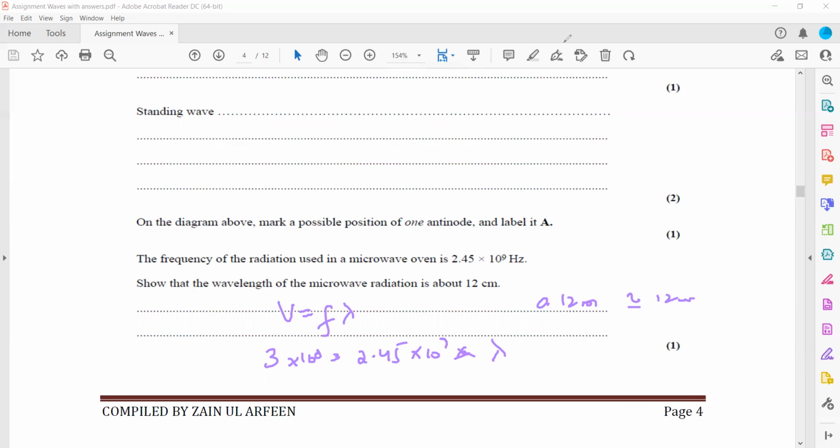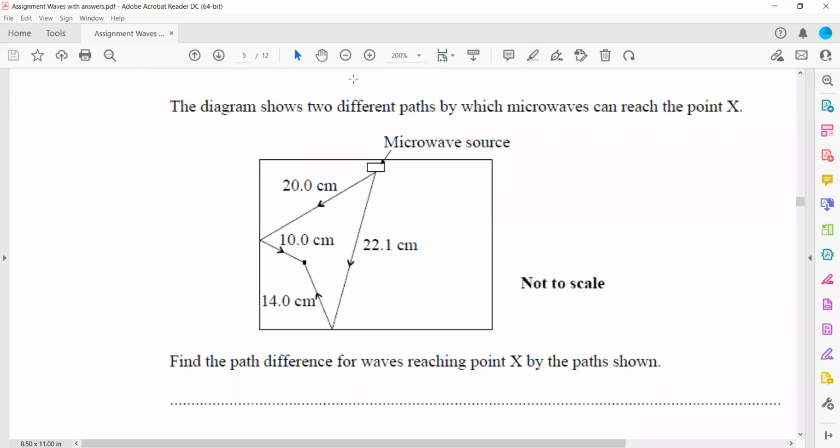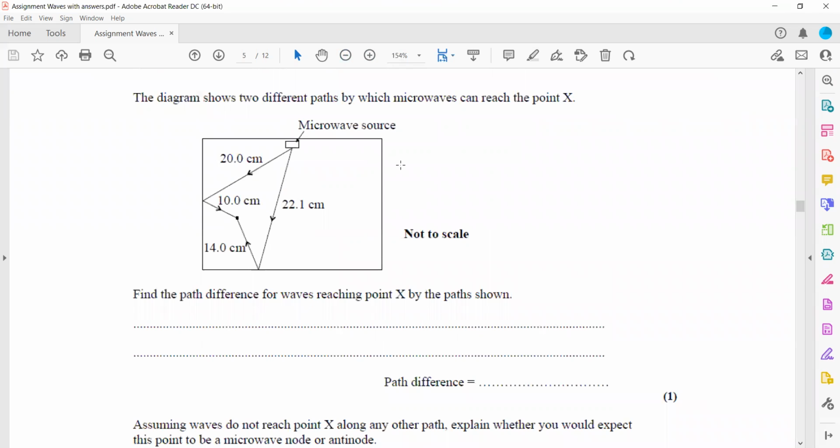Is it clear? This part? Yes, sir. Okay. Then the diagram shows two different paths of microwaves. Find the path difference of the waves at point X. So this is point X, where they interfere.